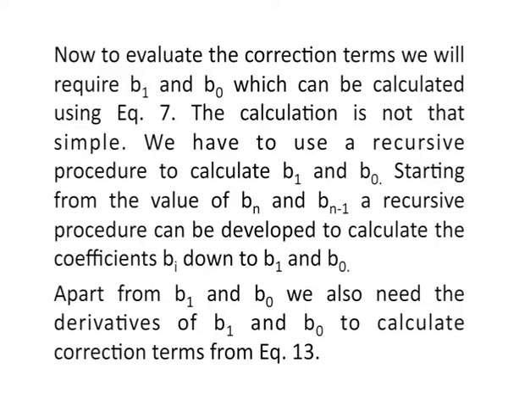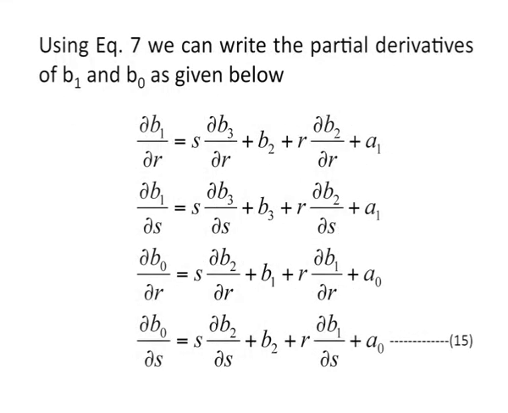Similarly, in the expressions for delta r and delta s, you can see the derivatives of b 1 and b 0. The derivatives of b 1 and b 0 can be obtained by using equation 7, and these are given on your screen. In equation 15, we have written the derivatives of b 1 and b 0 with respect to r and s. Here again you can see that the derivative of b 1 with respect to r will need the derivatives of b 2 and b 3.